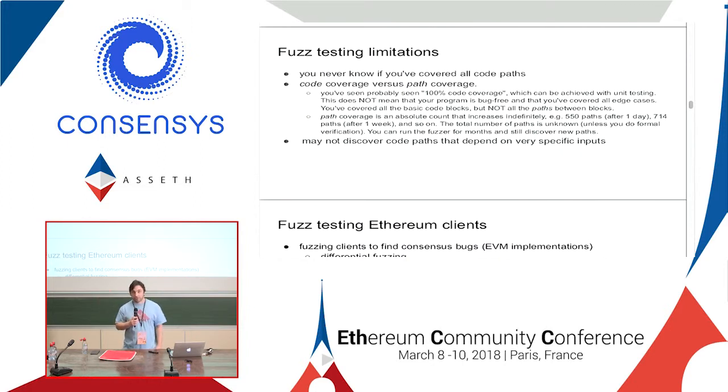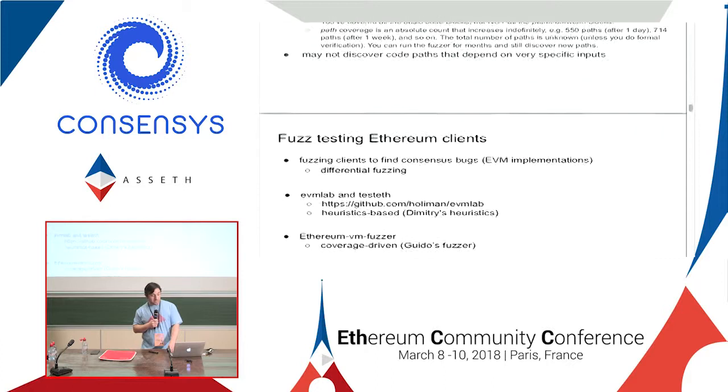If you have 100% code coverage, does that mean you have no bugs? No. It just means you're hitting every line in the code. It doesn't mean that you're hitting every possible path between lines in the code. If you hit every possible path between lines, then in theory there are no bugs. But you don't know the total number of paths unless you formally verify it. And also, you may not discover paths that depend on very specific inputs.